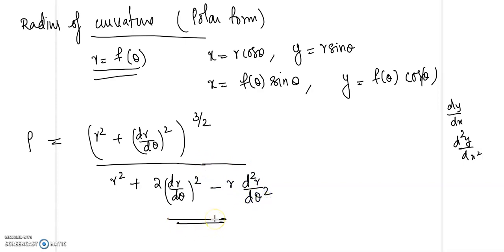So that is the expression for the radius of curvature. So those are the formulas for radius of curvature in the Cartesian form, parametric form, and the polar form.